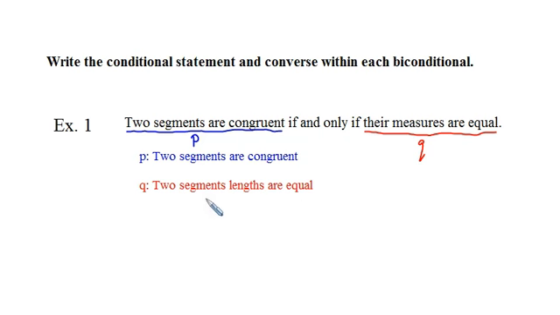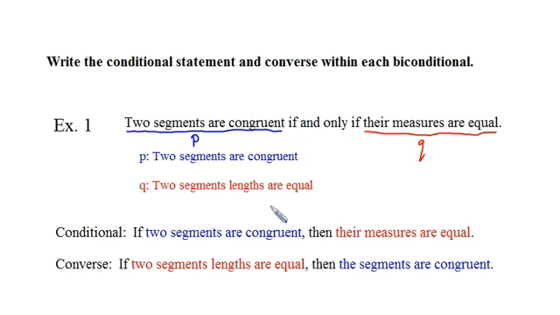Now, whenever we're writing the conditional statement, we will just put if before one of the statements and then segue into the Q statement with then. So you can see our conditional, if P, here's our P statement, then Q. So if two segments are congruent, then their measures are equal.